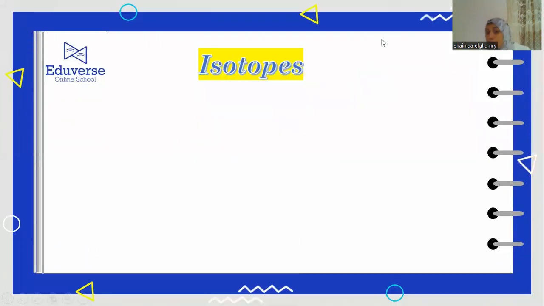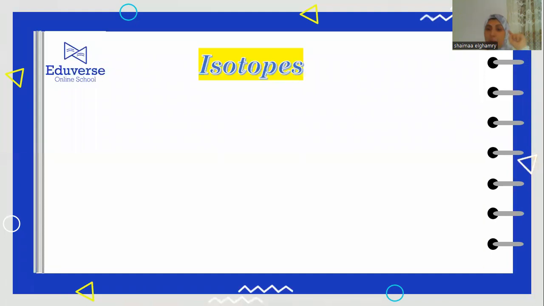Isotopes are very important. It's a very important part in nuclear chemistry, because they represent different images of the same element. These have the same atomic number, the same number of protons, the same number of electrons.